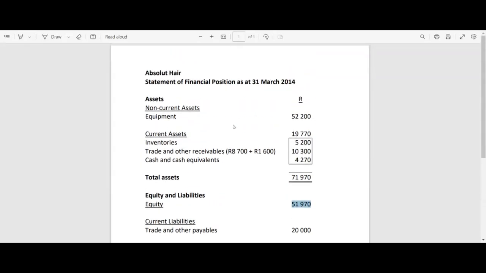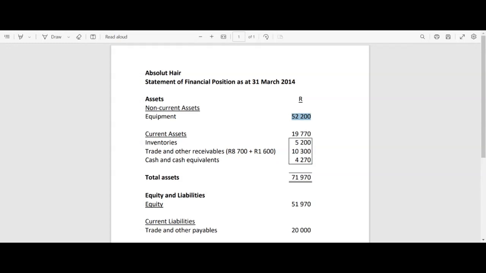Now we've got to go and describe our assets. So first of all, our non-current assets, ladies and gentlemen. Later on when we do property, plant and equipment, or PPE, in the fourth term, we'll see this also requires a note. The note will indicate that the cost of the equipment was 54,000 rands, and the accumulated depreciation is 1,800 rands, and that is where that carrying amount comes from, which was right at the bottom, one of the totals of the equipment in our accounting equation worksheet, right?